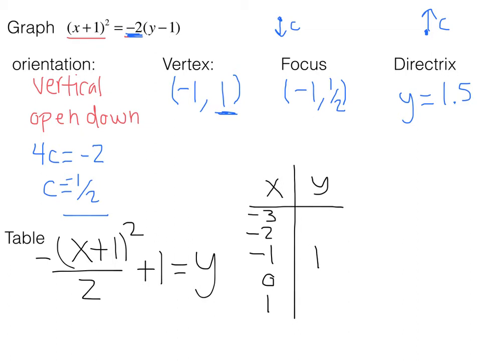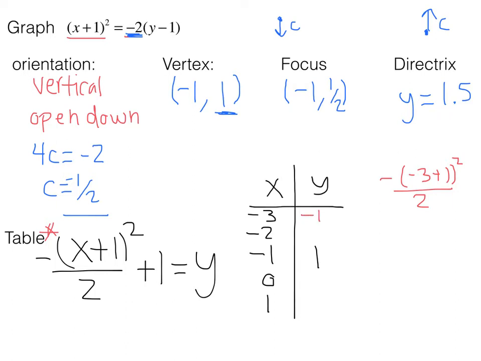So when I plug in negative 3 into this equation, I'll get negative 3 plus 1 squared over 2. That's going to be negative 2 squared is positive 4 divided by negative 2 is negative 2 plus 1 is going to give me a value of negative 1.